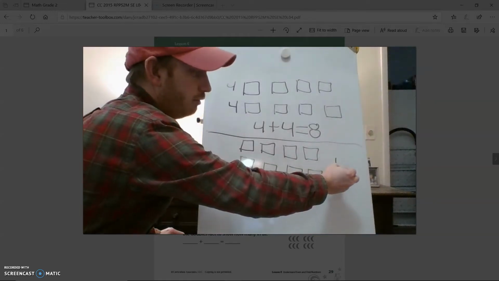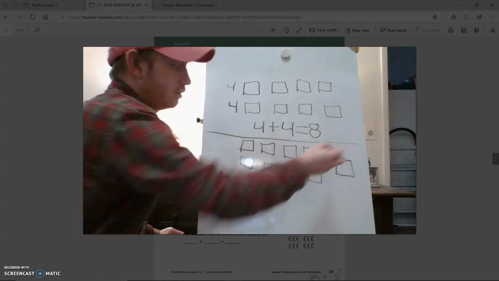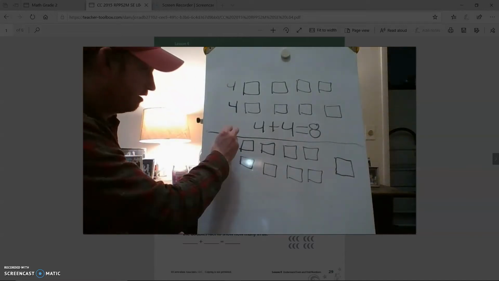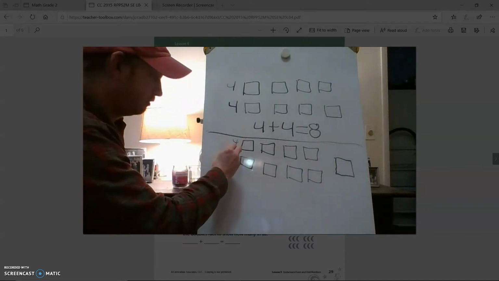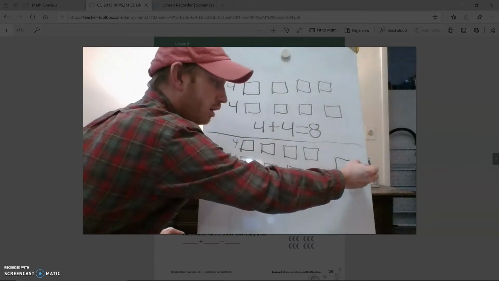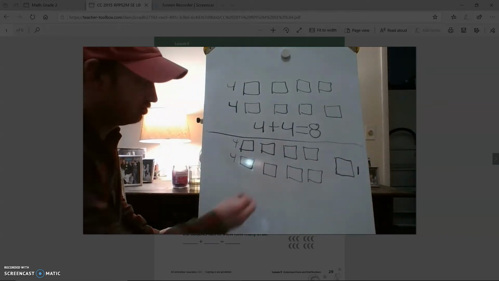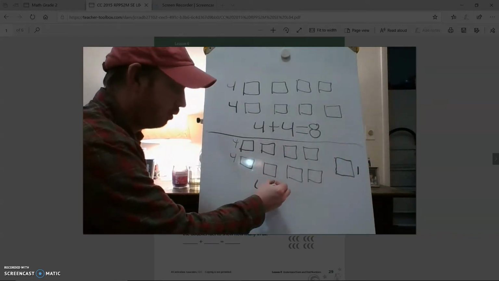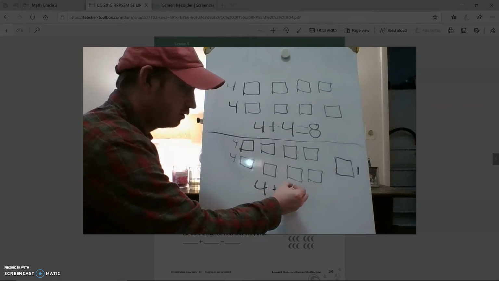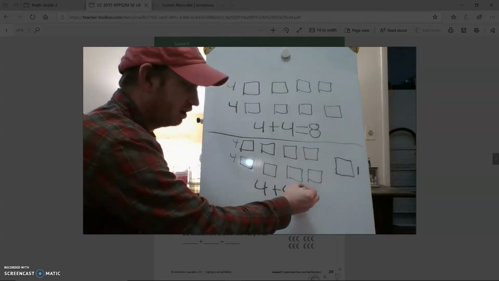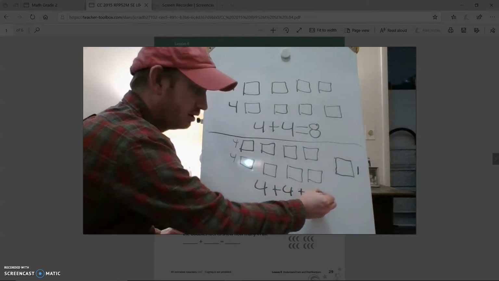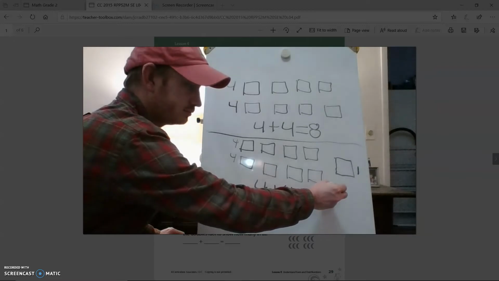But then we'd have one more over here. So we'd have 4, we have 4, and we have our little 1. So now our equation would be 4 plus 4 plus 1. And that equals 9.